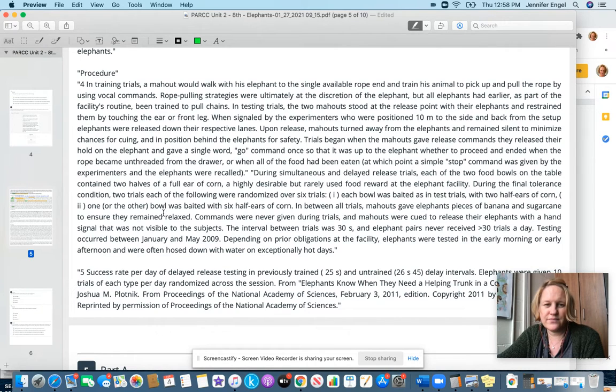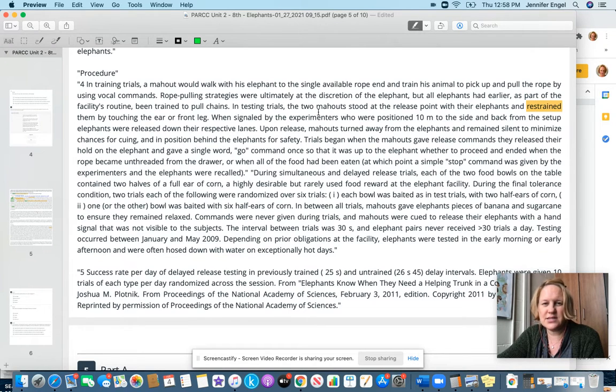Wow. They should have highlighted it or bolded it. Here we go. Here's the word restrained. So then I just need to read everything before that.